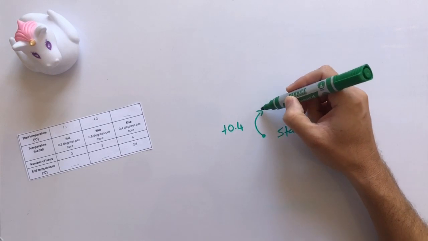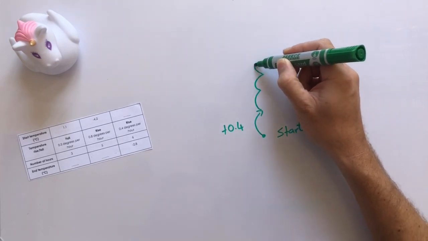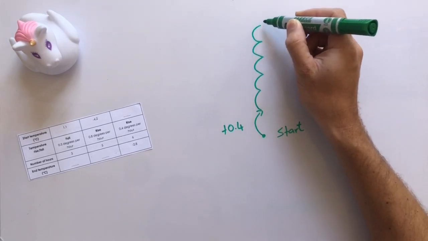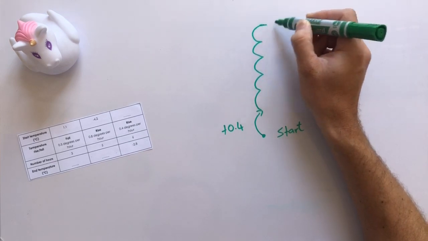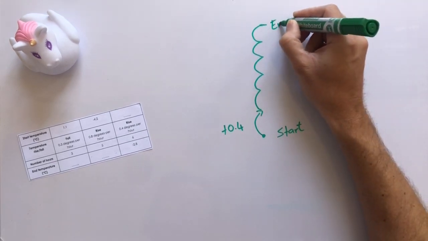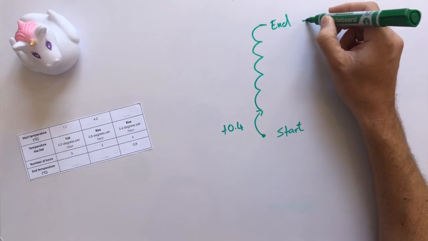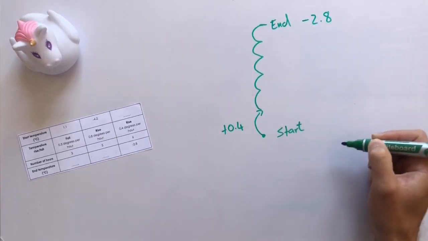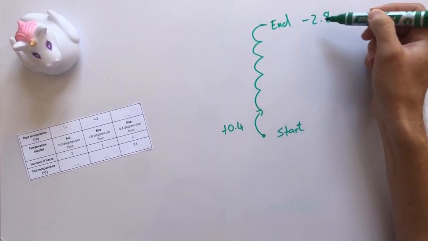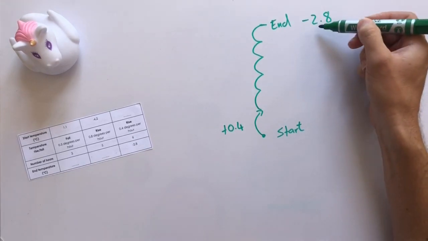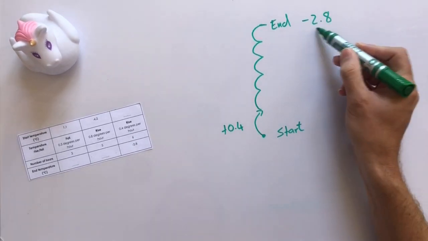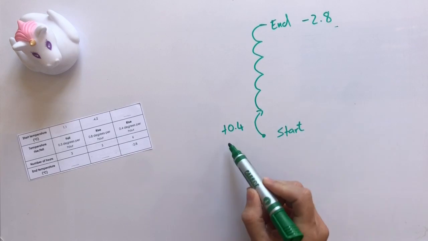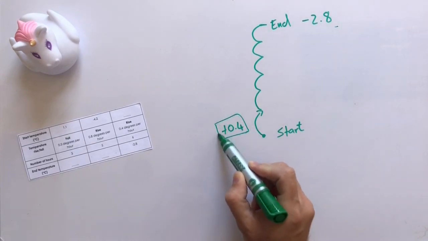So let's say 1, 2, 3, 4, 5, 6. And then the end temperature would be negative 2.8. So obviously this has to be less than negative 2.8 by, well, 6 times this amount.